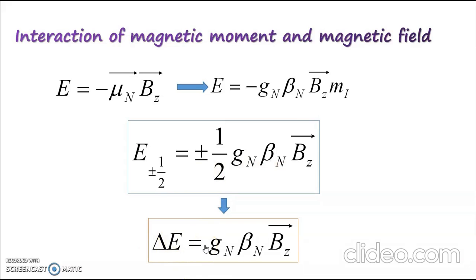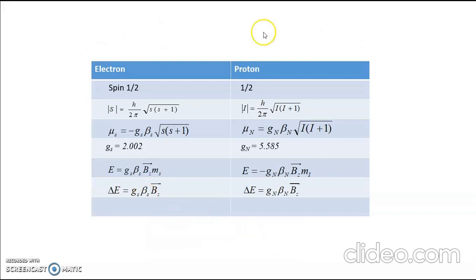Now before we go into the details of these spectroscopic techniques, let us compare the two spins, nuclear and electronic, and the associated magnetic properties of the two spin particles, electron and proton. Here is the table.